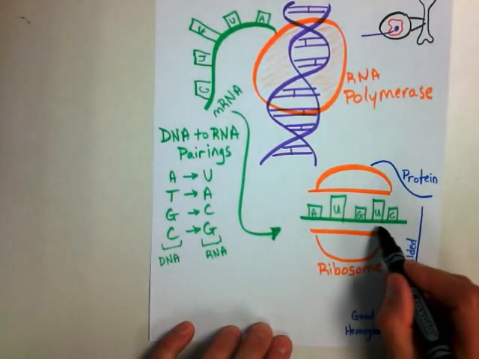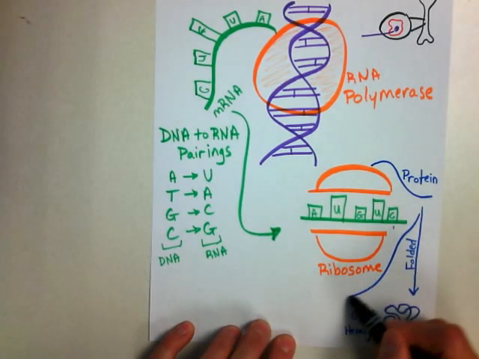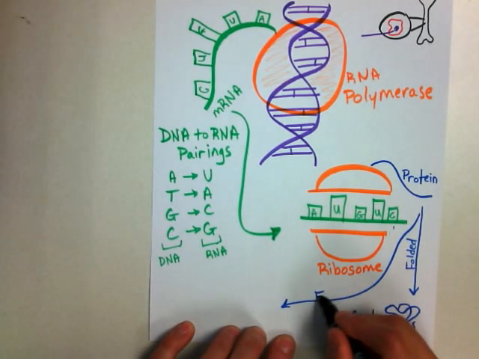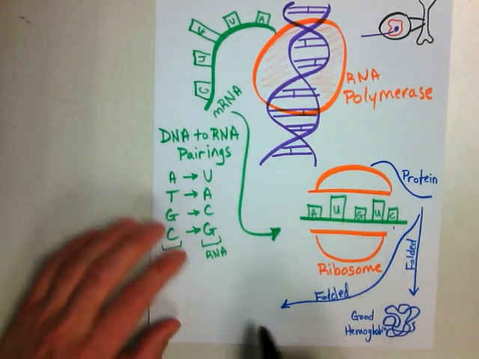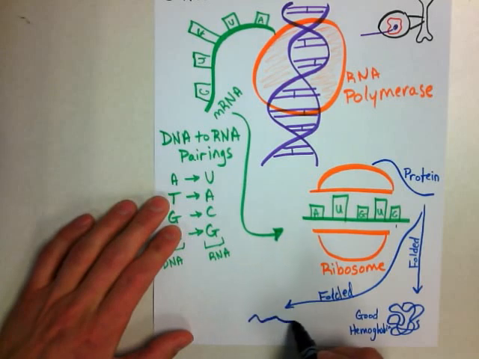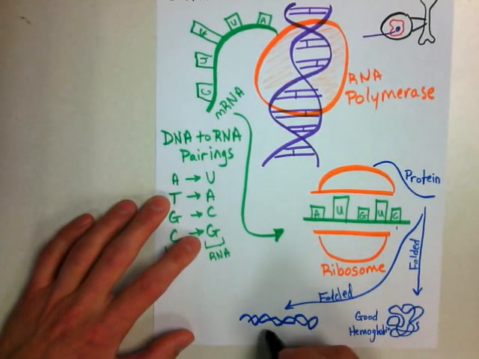However, if there's something wrong in this code, it still gets folded, but it gets folded into something we don't want, or it doesn't work. And we're going to call this bad hemoglobin.